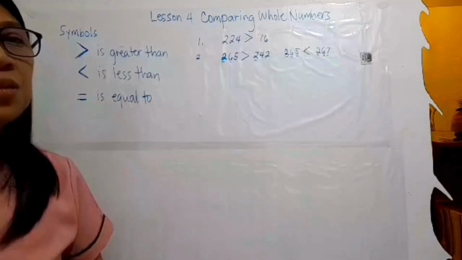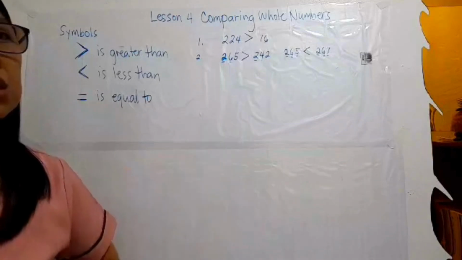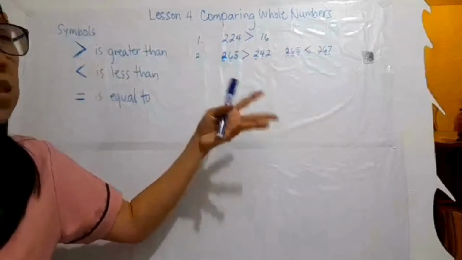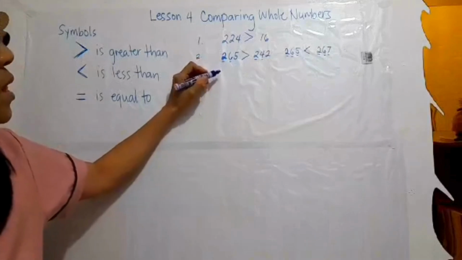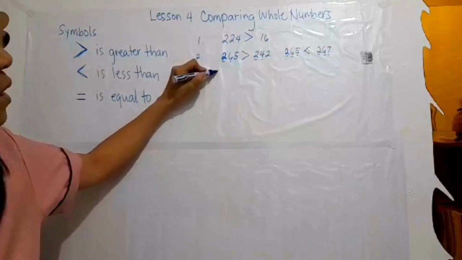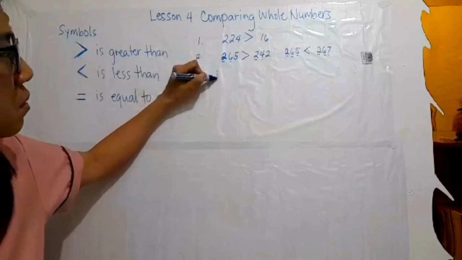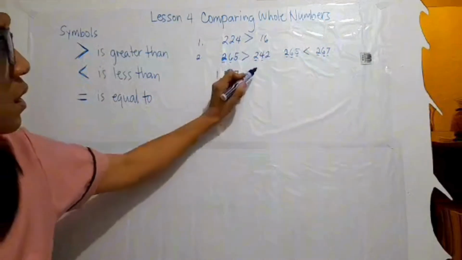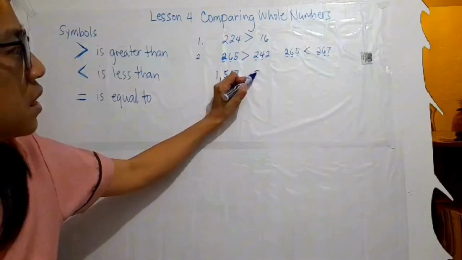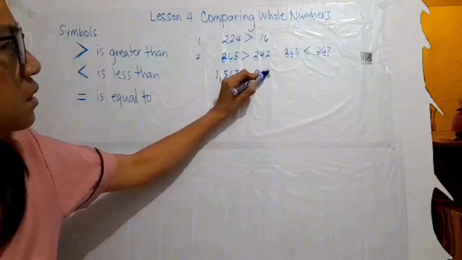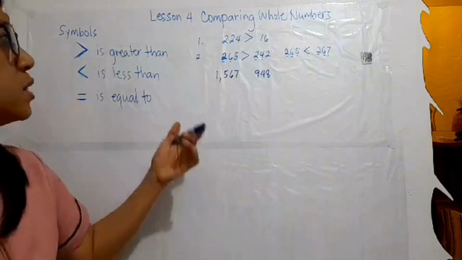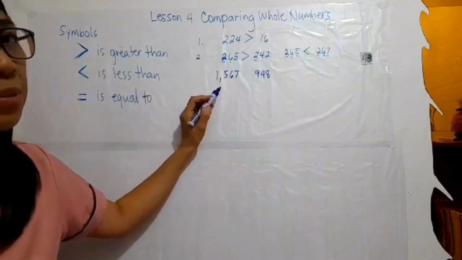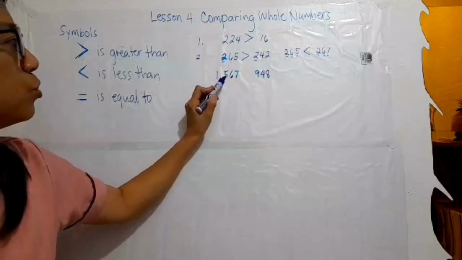It would be easier to compare if you go from one digit to another instead of considering the whole number. Let us give a bigger number, like in thousands. Like for example, 1,567 and 948. So if we are going to compare this by applying rule number 1, which is to count the number of digits: 1, 2, 3, 4.